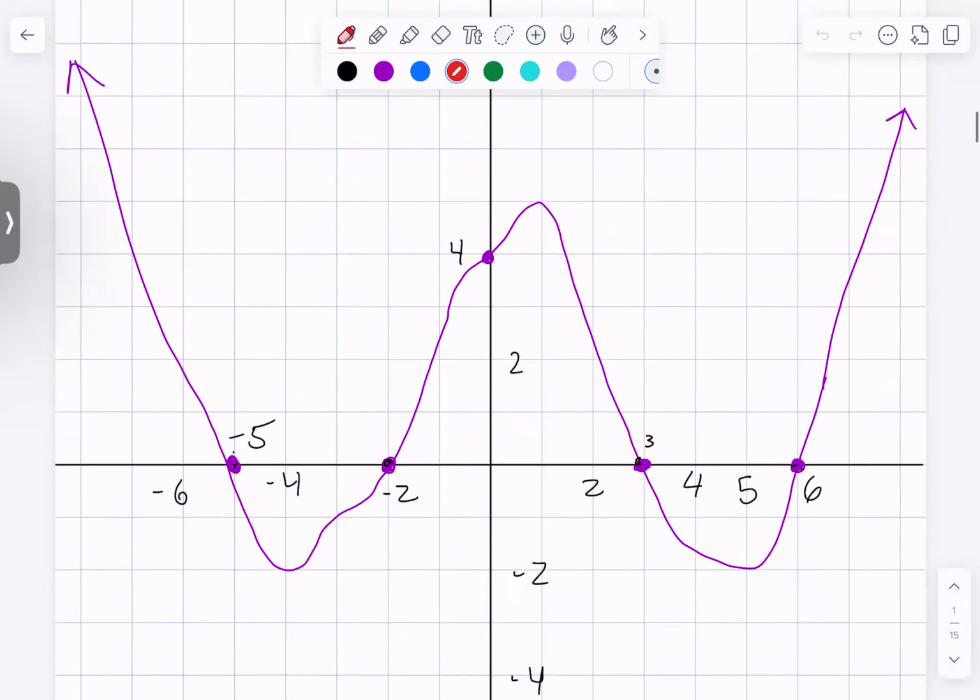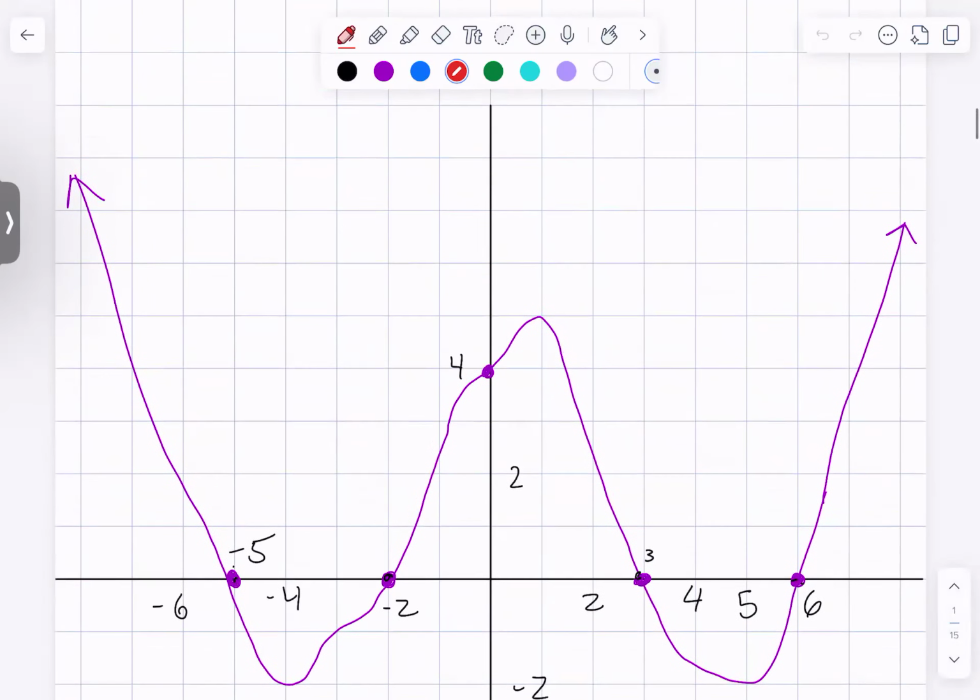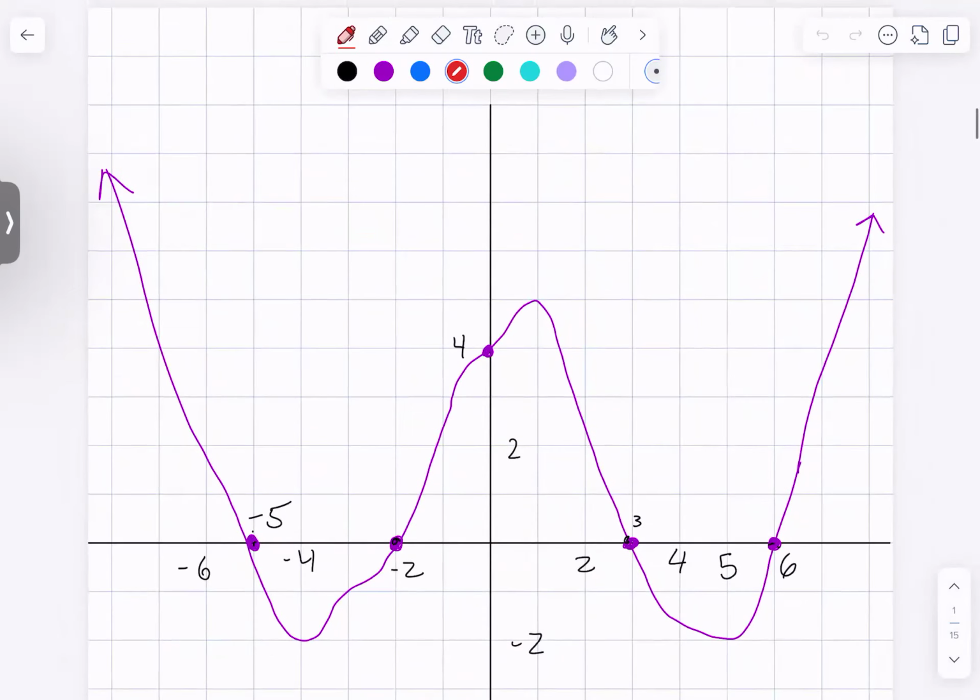So I took the liberty to draw out this graph here. When we're talking about increasing and decreasing, we look at it from left to right. Where does this graph start on the left-hand side?